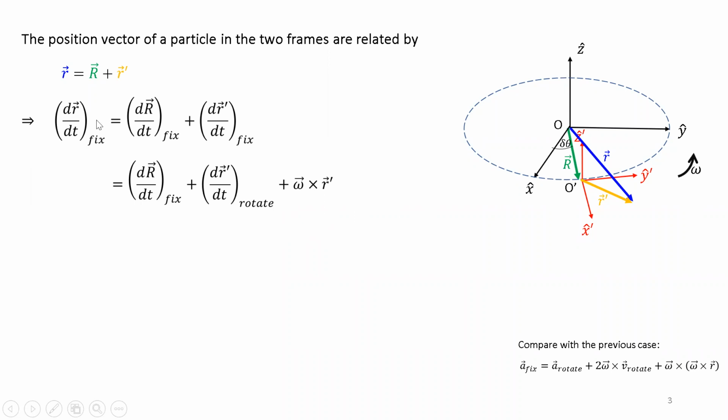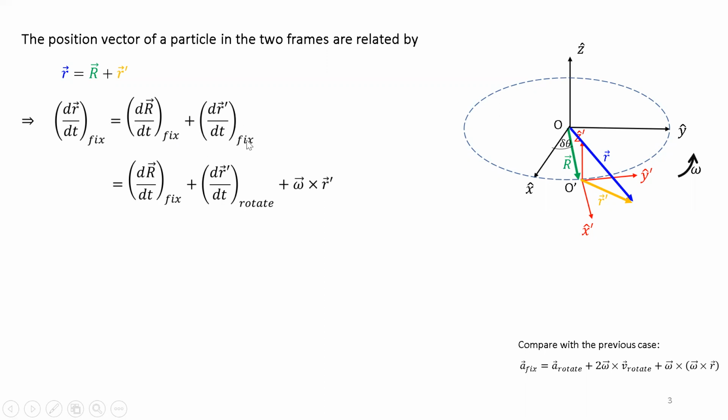Again, pay attention to the subscript. Remember in the previous part of the chapter, I told you how to take care of the subscript fixed and the subscript rotate. So just start from the fixed frame and do the derivative.